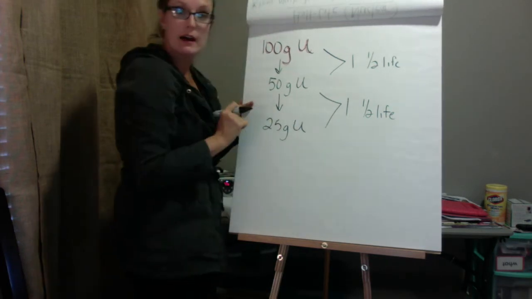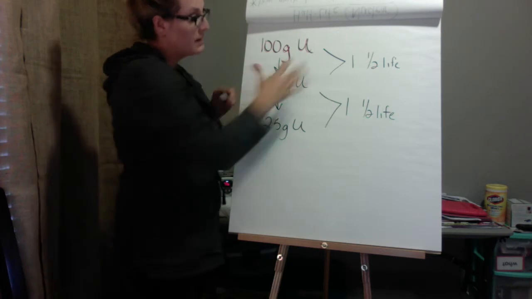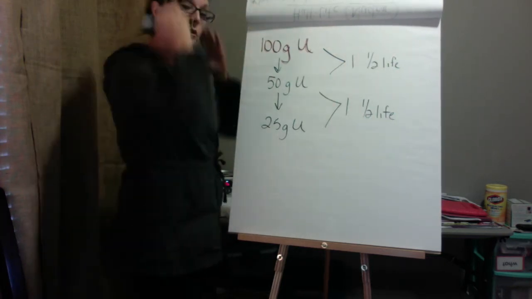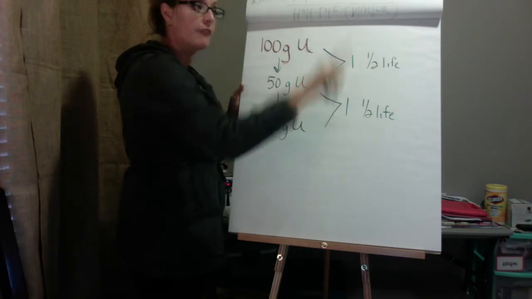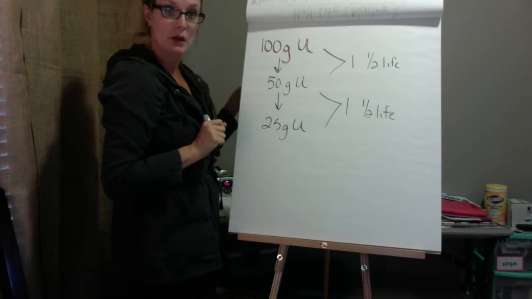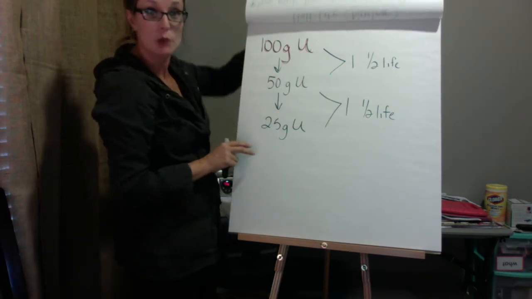After another half-life, half of your sample would be gone. Okay? So this is the basis for how you're going to work out half-life problems. But you got to wrap your head around this, that after one half-life, half of your sample will be gone. Okay? So typically the half-lives of isotopes are known.